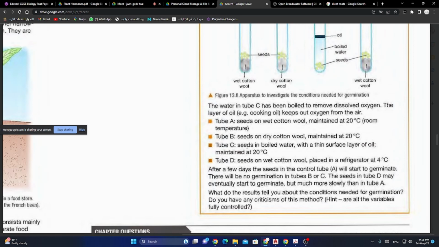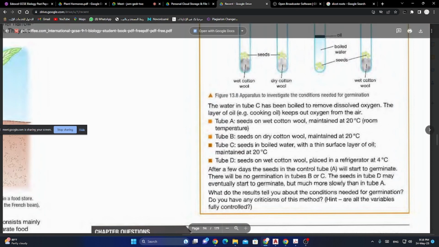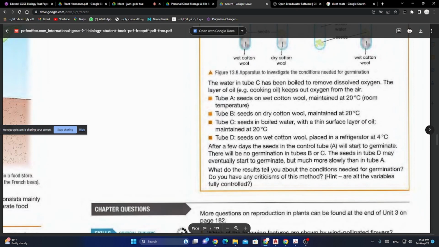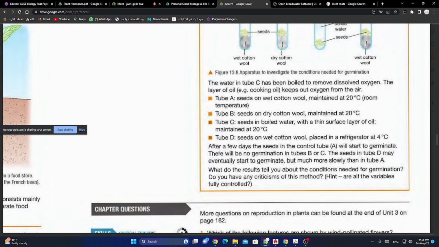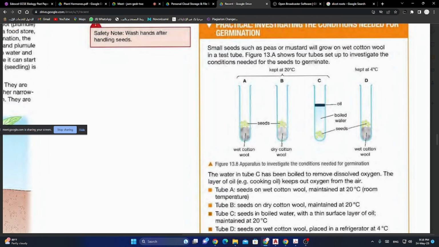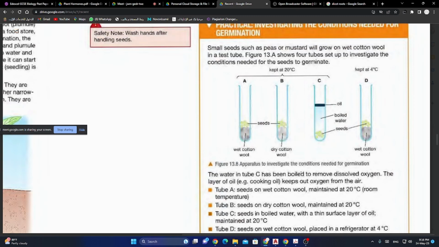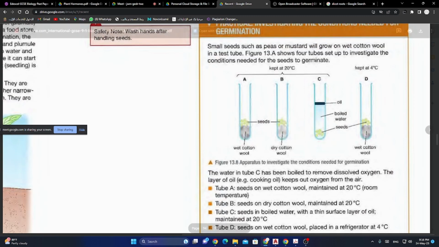Okay, so here we're just showing you A will start to germinate, but there's not going to be any germination in B or C because B doesn't have any water for the seeds to grow, and C doesn't have any oxygen for germination to take place.